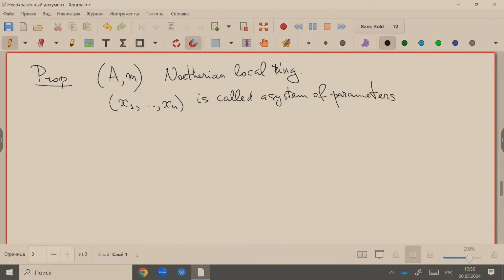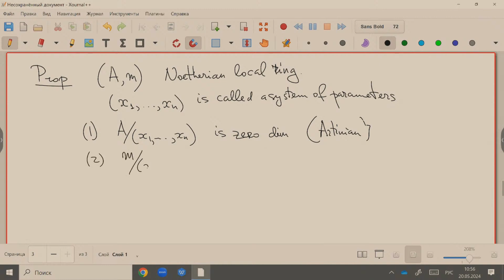So if A modulo (x1, ..., xn) is a zero-dimensional ring, so Artinian, this is equivalent to saying that M modulo (x1, ..., xn) is nilpotent.